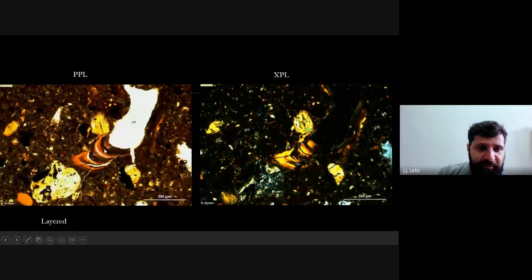Here we can see some specific clay coatings that are very different from each other. We have these dark layers and these orange or yellow and red layers.